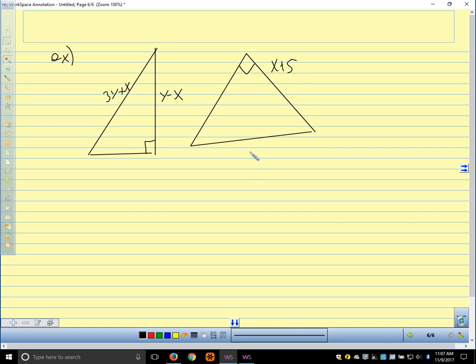X plus 5, y plus 5. And the question is, what values of x and y make the triangles congruent by HL?